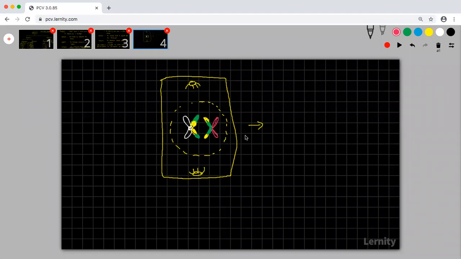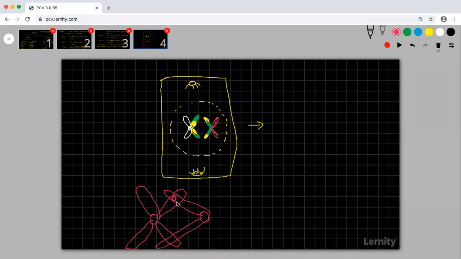Chiasma is formed. It is not a kind of cell organelle. The place where these two chromosomes get joined is called chiasma. When you're crossing over, let us say this is one chromosome and there is another chromosome which is crossing over.